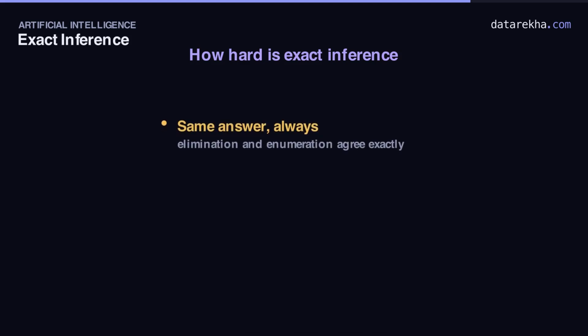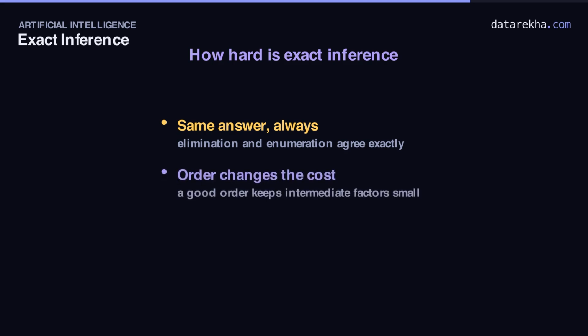A few facts to file. First, elimination and enumeration always agree. Same exact answer. Elimination isn't an approximation. It's just enumeration, organized. Second, the elimination order matters. Every order gives the same result, but a clever one keeps the intermediate tables small, and a poor one lets them balloon.